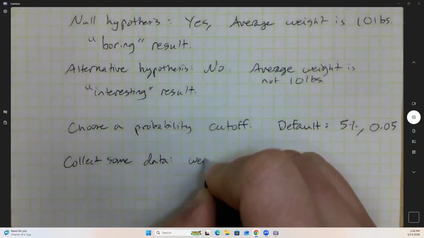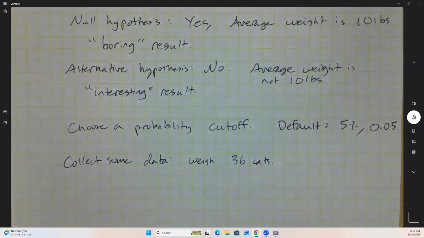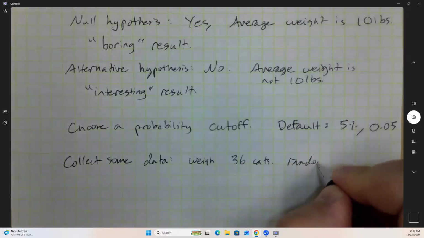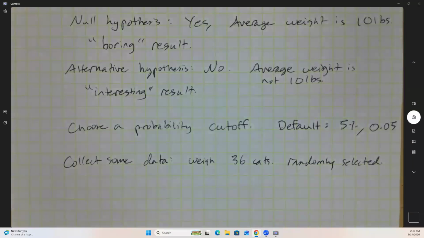Let's weigh 36 cats, randomly selected. That's important. We have to have a good methodology if we're going to trust our data.